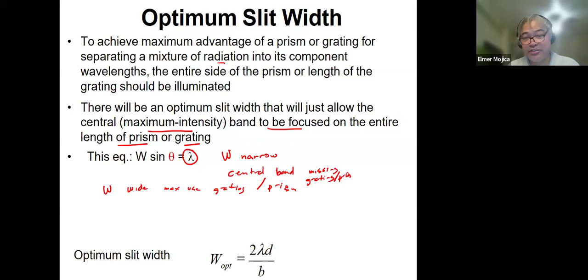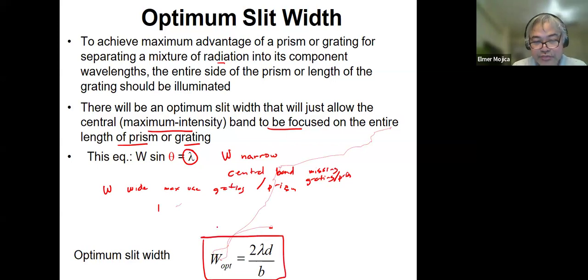But the thing is, that's not also good, okay? Because you will have some dark region adjacent to the central band that will be focused on the dispersion device. So the optimal slit should just be like this. This is like the thickness we discussed before in the absorbance law.